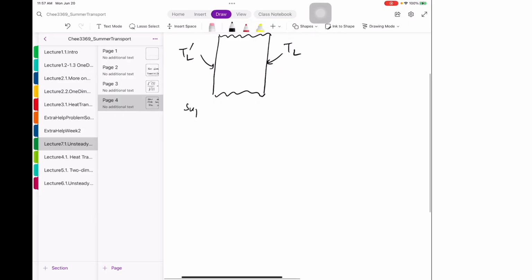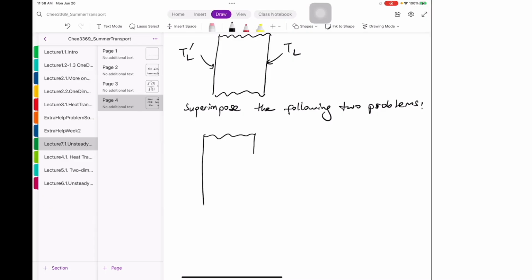And let's superimpose the following two problems. In other words, decouple into two problems.